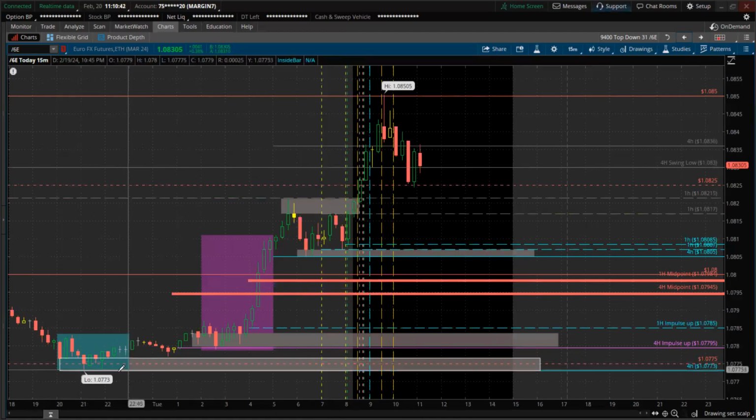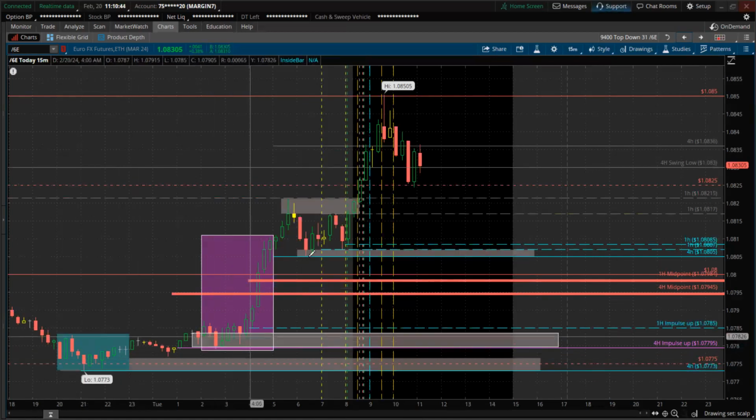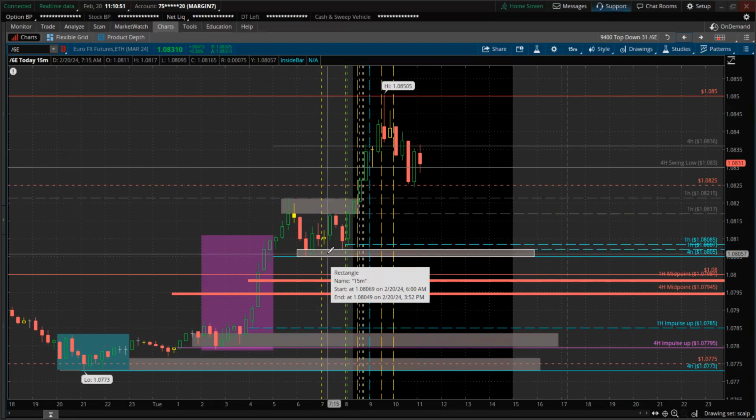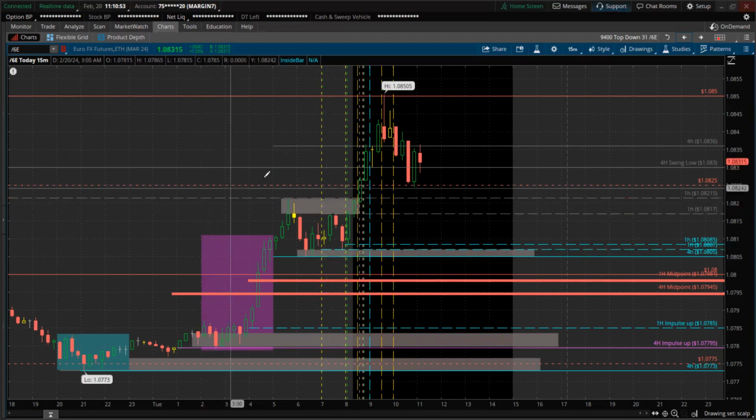So this bottom one was off a 4-hour, and this one, 15-minute, 15-minute, 15-minute. So again, the top of it was the supply zone, the bottom was the demand zone, potential areas to retest, potential trade ideas, as well as the numbers, the red horizontal lines.